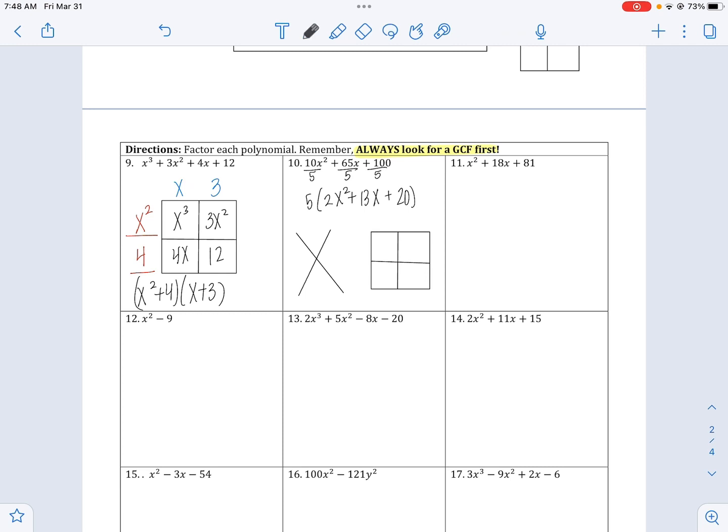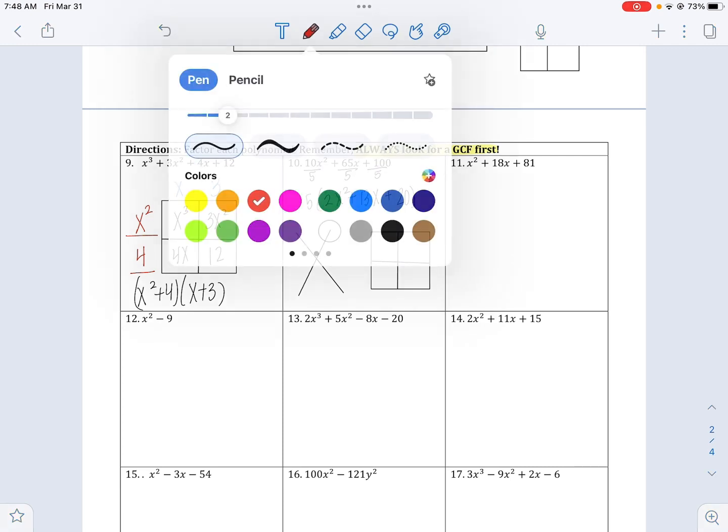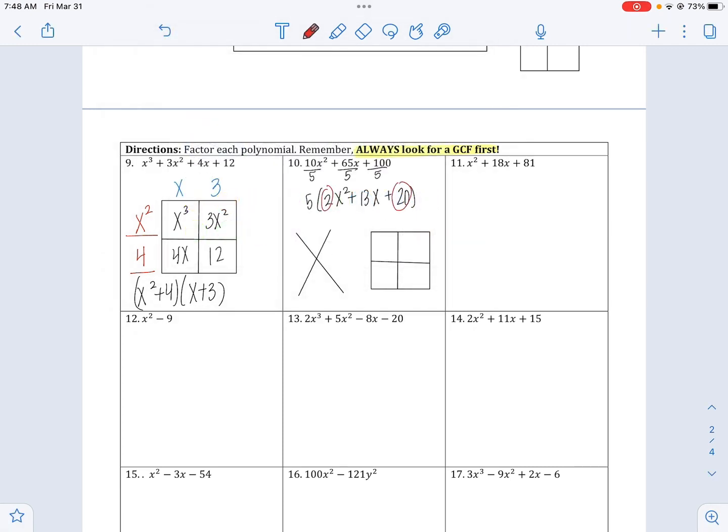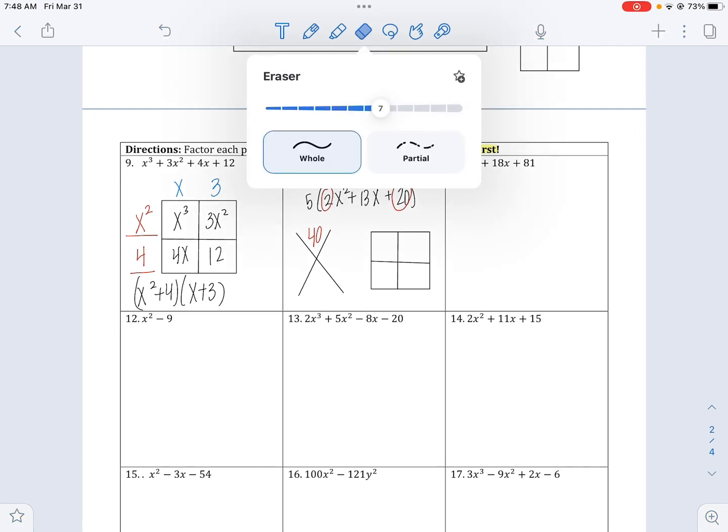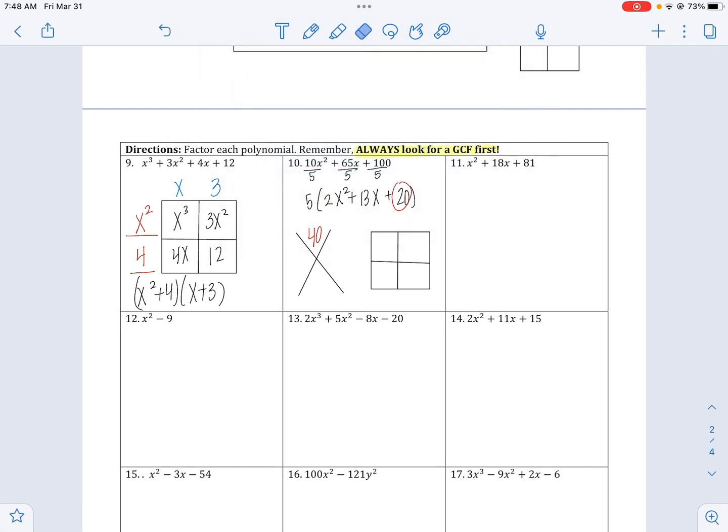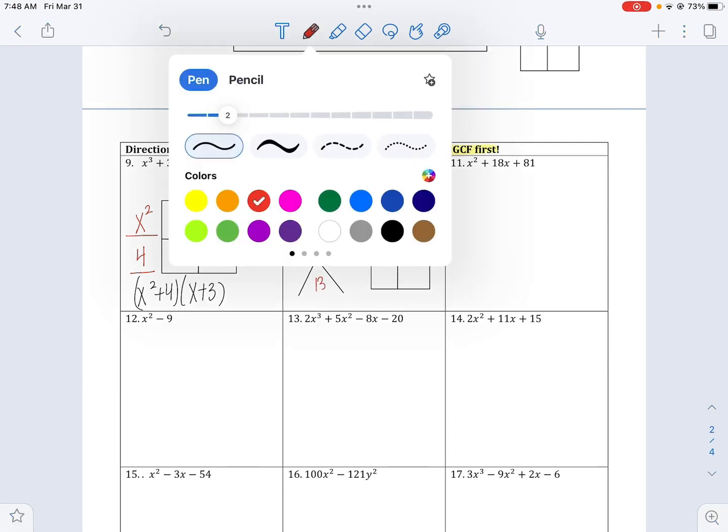Okay, so we're going to do A times C. So A times C, that gives me 40. Give me 1 second while I lower this down. Okay, there you go. And then we get the middle value, 13. Put it down here. 2 numbers that multiply to 40 and add to 13.